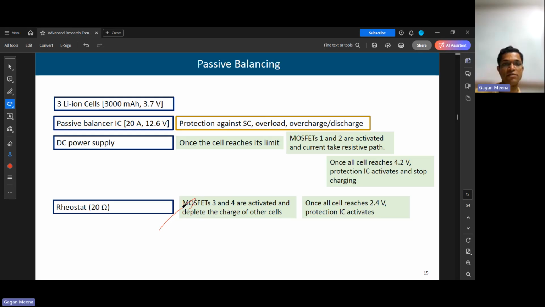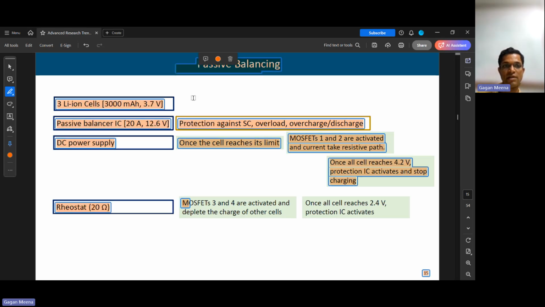The demonstration was shown for the passive balancing of three lithium ion cells. So we have three lithium ion cells, and we are going to balance these using passive balancing.